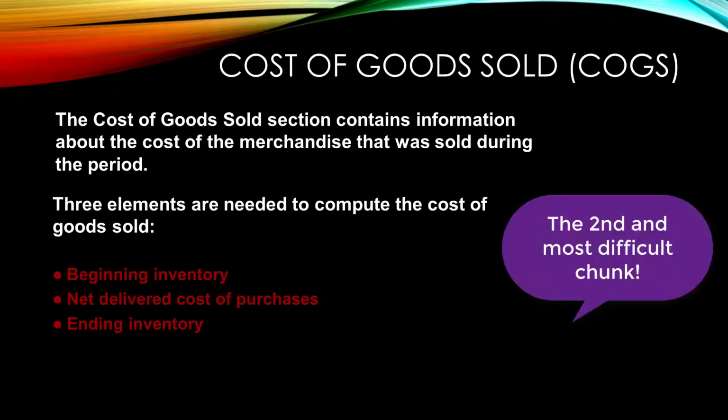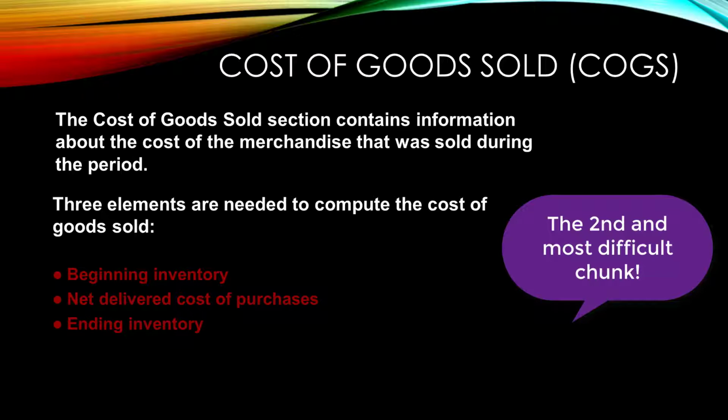The second chunk, and probably the most difficult one, is called cost of goods sold. You will see me often abbreviate it as COGS. The cost of goods sold section contains information about the cost of the merchandise that was actually sold during the period. There are 3 major elements needed to compute the cost of goods sold.